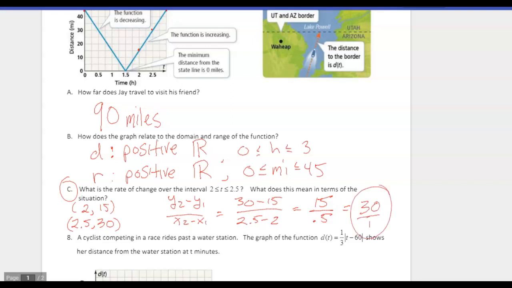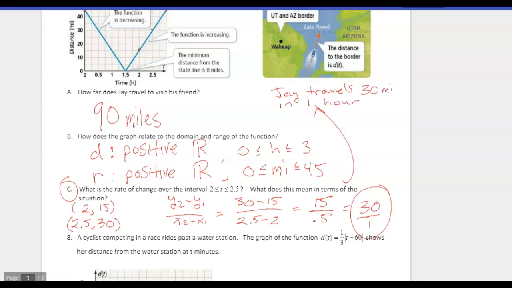So what does this mean in terms of the situation? So they want us to answer that question. I'll come up here and answer it. What does that mean? That means that Jay travels 30 miles in 1 hour.